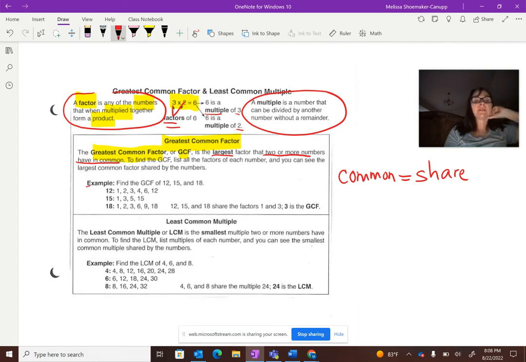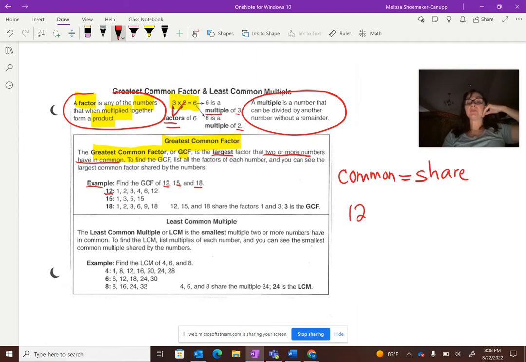Let's take a look at this example. Greatest common factor, okay, they're going to do 3 numbers, 12, 15, and 18. Now, this is when you might have to use that multiplication chart, and that's okay. So we're making a list just like we did with multiples. We have the number 12. So we're thinking to ourselves, what times what equals 12?